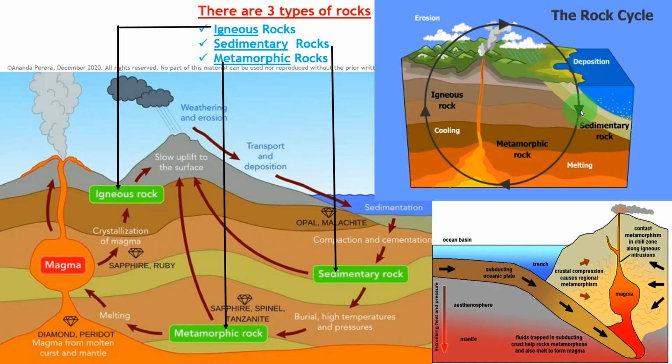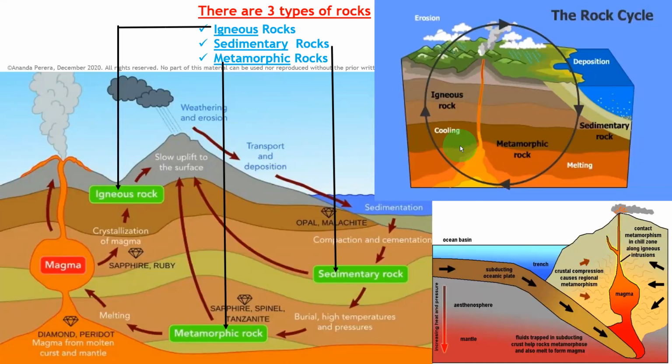Then it creates sedimentary rocks here. Here is the melting area. Metamorphic rocks are created here. Then when it is cooling, it goes through this and creates igneous rocks. This is the rock cycle on this earth.